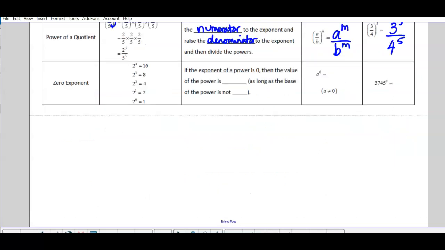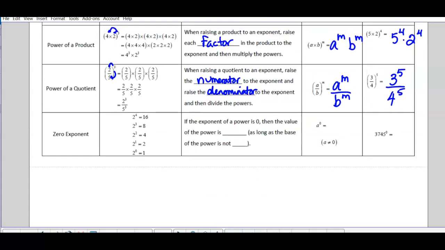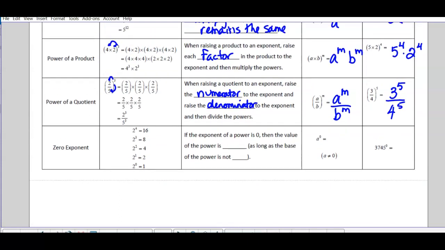And the 0 exponent. Anytime you raise something to the exponent 0, there's a couple of ways of showing that. This is using patterns. So 2 to the 4th is 16. 2 cubed is 8, because remember, this is 3 2's multiplied together. Notice as we decrease the exponent by 1, we're dividing the value by 2.